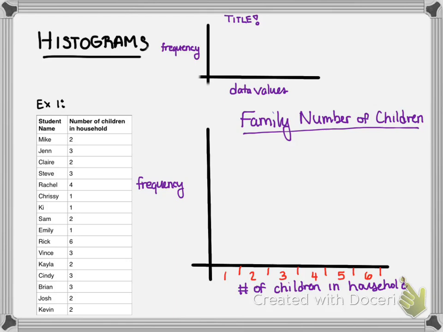And as I look here, it looks like 2 is a very popular number in this table. Maybe not the most frequent, but probably a good one to look at. And it occurs 6 times. So in order to make sure I can cover all of my points, maybe I'll make my frequency axis go up to about 8 or so.